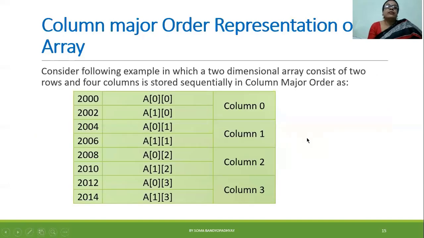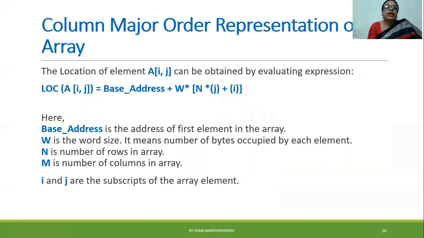Now if we consider the following example, we can discuss the location of element Aij. It can be obtained by evaluating the expression: location of Aij equals base address plus w into (n into j plus i).